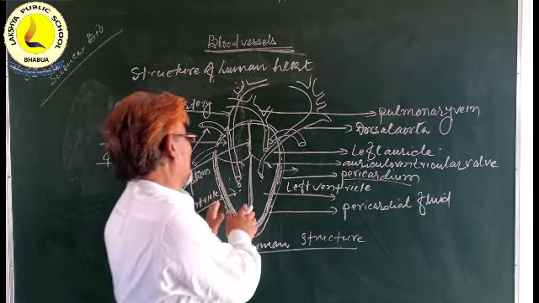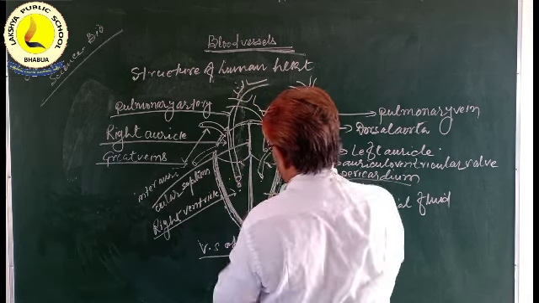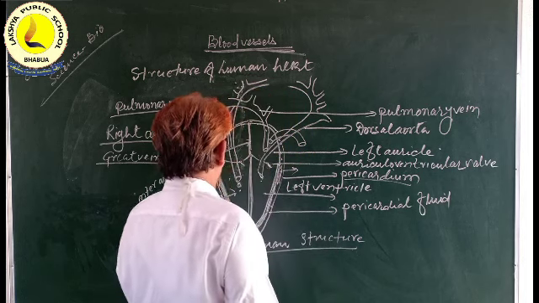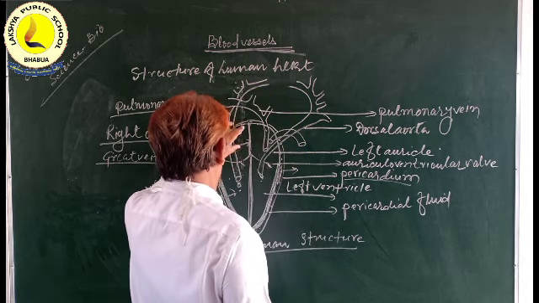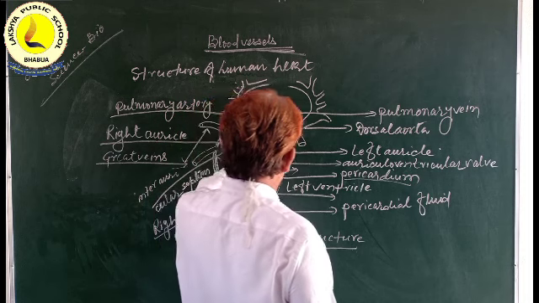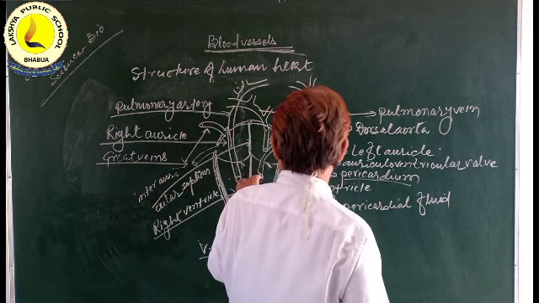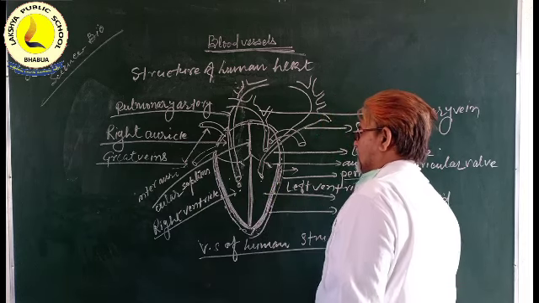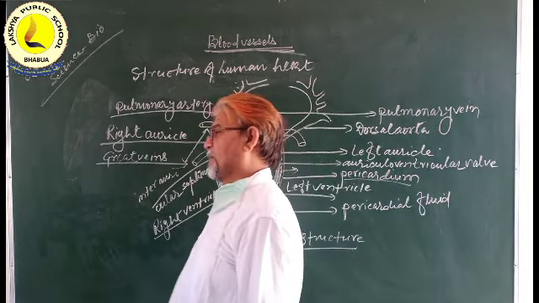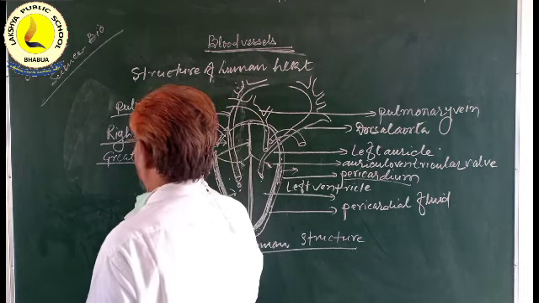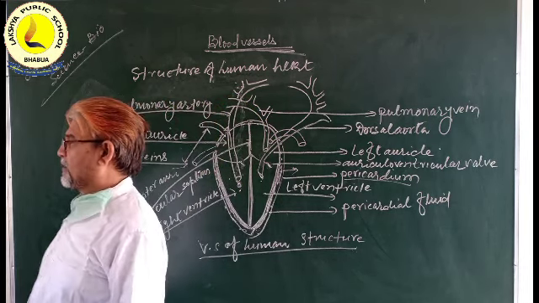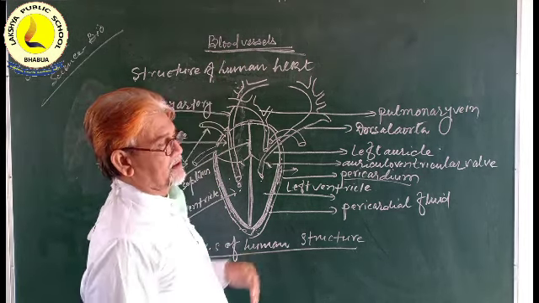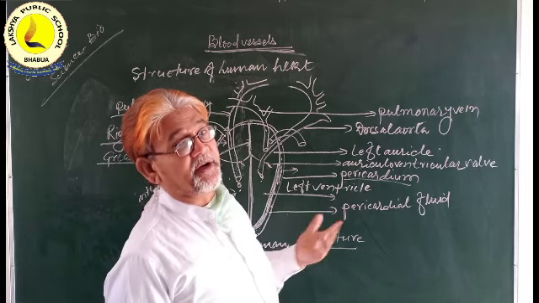There are two ventricles, the right ventricle and the left ventricle. The right ventricle receives deoxygenated blood from the right auricle, and the left ventricle receives oxygenated blood from the left auricle. When these two ventricles are completely filled, the right ventricle pumps the deoxygenated blood for oxygenation to the lungs through the pulmonary artery.